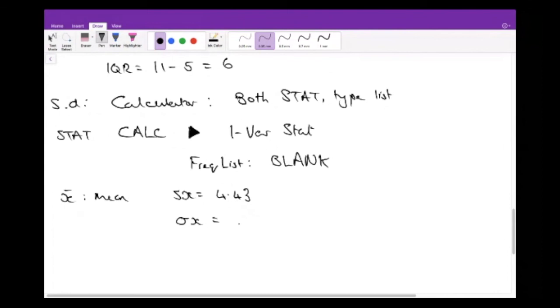There's also the button that says sigma x, which is 4.27. Does anyone know the difference between the value of sigma x and the value of sx, and which one we should be using?